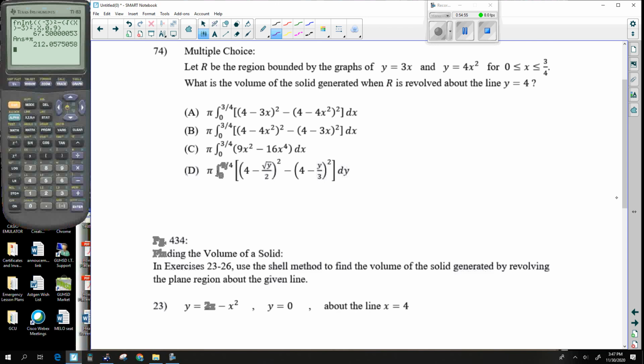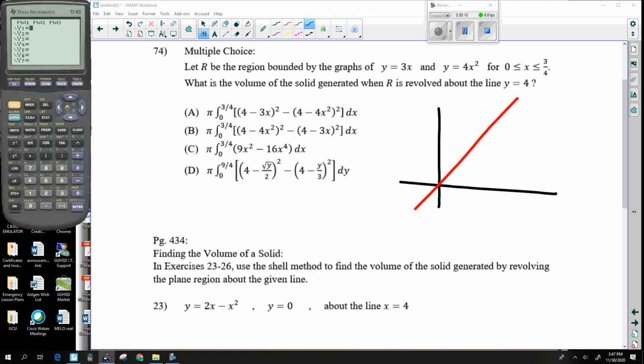Okay, let R be the region bounded by the graphs of y is equal to 3x, y is equal to 4x squared. Let's take a look here. Okay, yeah, so I'll make it kind of extreme here.